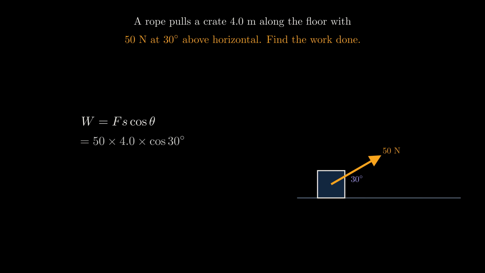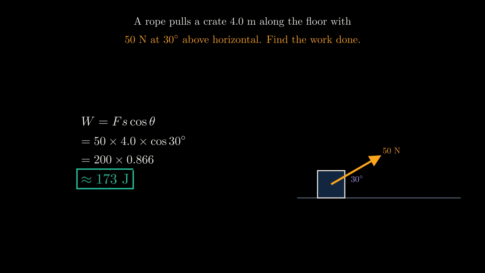Work equals 50 times 4.0 times cosine 30. Cosine 30 is about 0.866, so that's 200 times 0.866, about 173 joules.